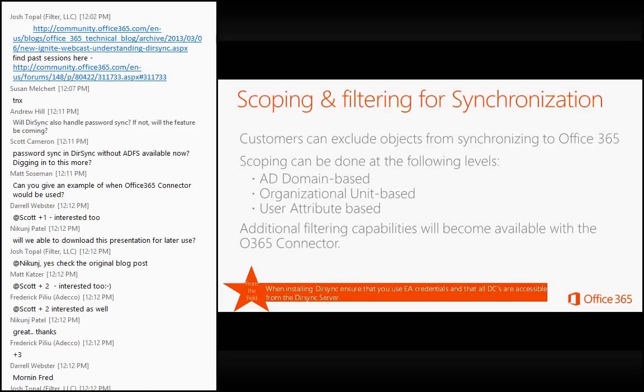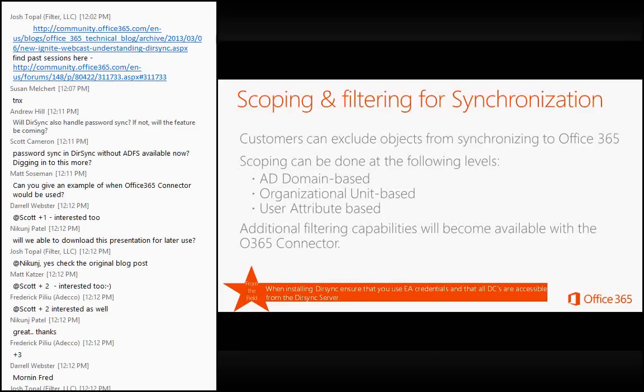So, for example, you could add a string into one of the extension attributes that says don't sync, and then essentially those objects wouldn't sync to the cloud if they match that particular attribute. So we can scope at the following levels: AD, OU, and attribute level, and there may be some additional capabilities that will come with the Office 365 connector, because we've got the full version of FIM, whereas the directory sync appliance is just a trimmed down version of that.